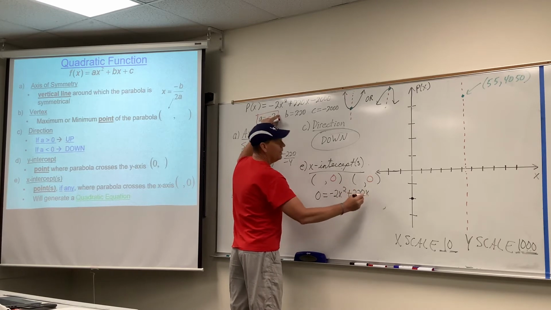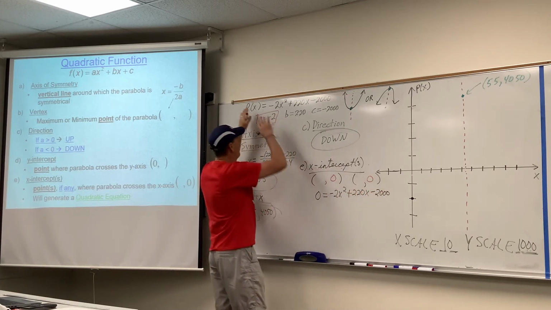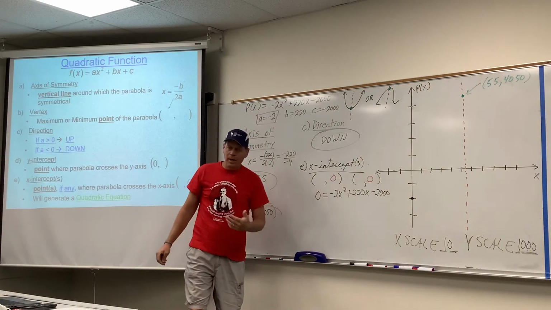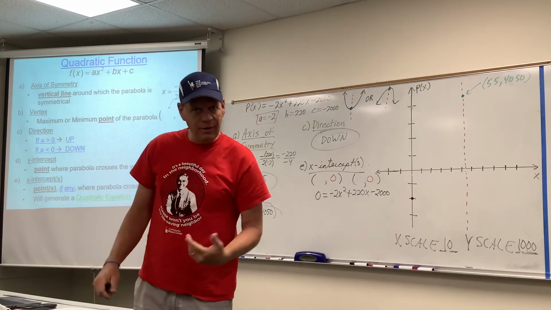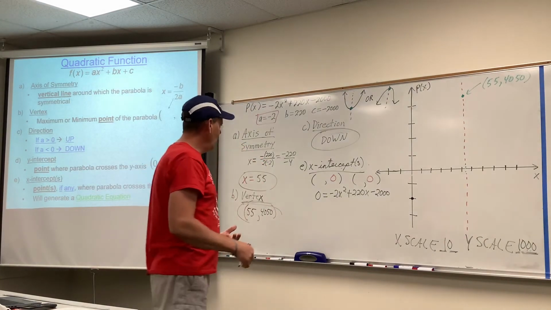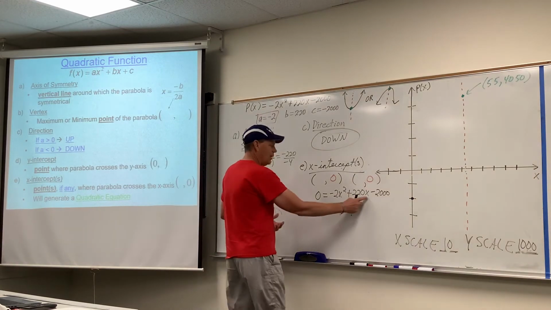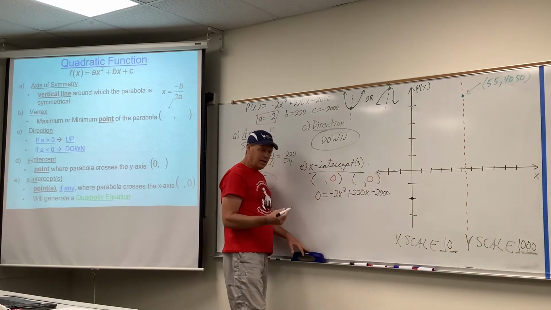Now, let's talk about it real quick. When a company has a profit of 0, what do they call that in business? Yes, they break even. We're looking for break-even points here, basically. How many calculators do we have to sell to have a profit of 0, otherwise known as breaking even?